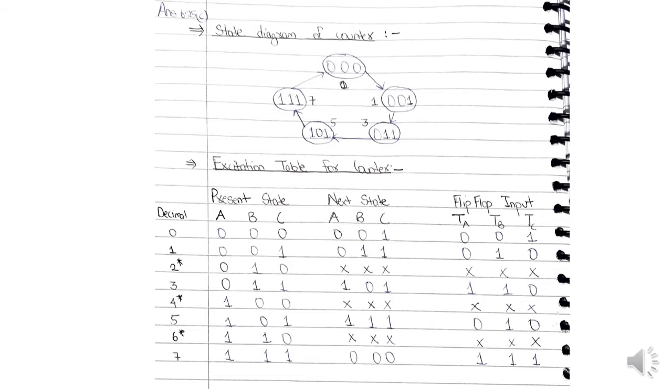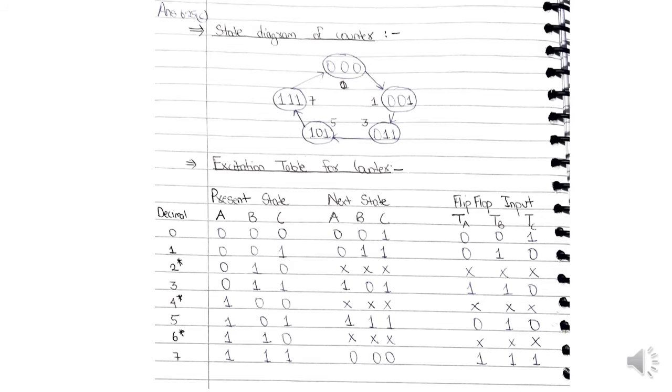The first step in creating a 3-bit counter is to create the state diagram of the counter. From the question, we know that after 0 the next state is 1, then 3, then 5, then 7, and finally 0. Our state diagram represents the states and the order in which they appear in the counter.